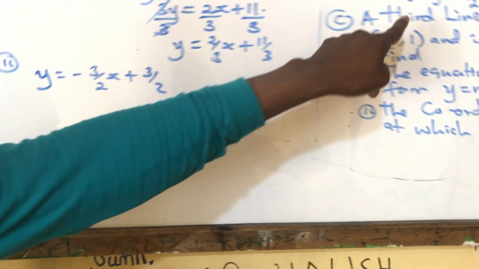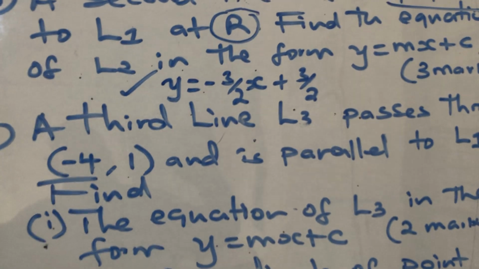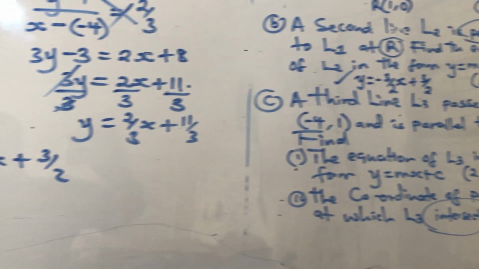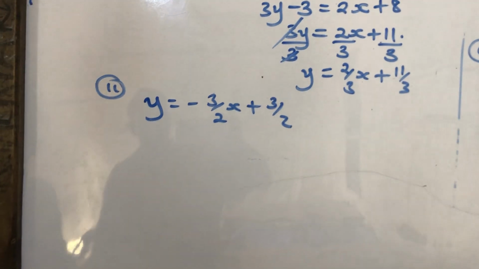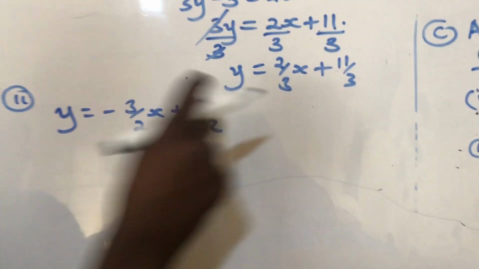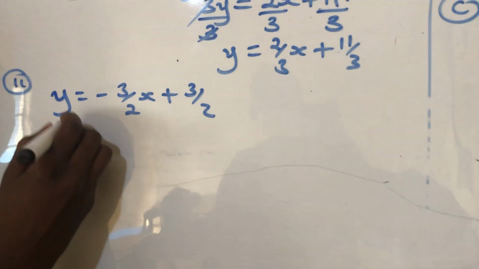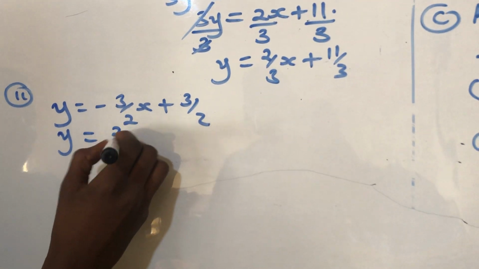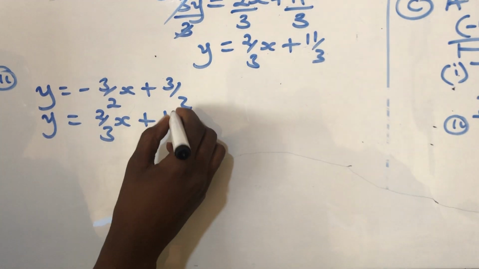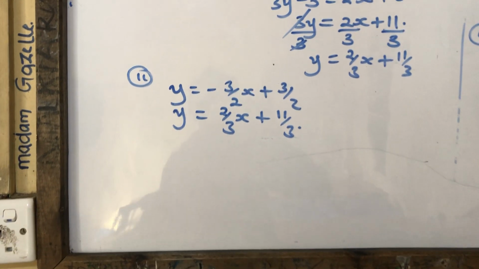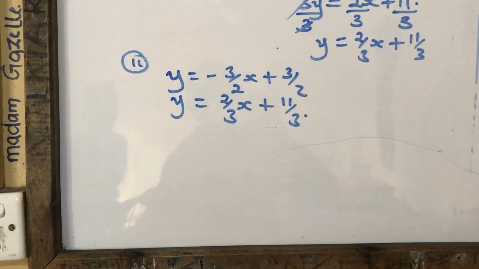That is the equation of line L2, which we had obtained earlier on. Which now brings us to line L3. What is the equation of line L3? Y is equal to 2 over 3 of x plus 11 over 3. I want us to solve them simultaneously.